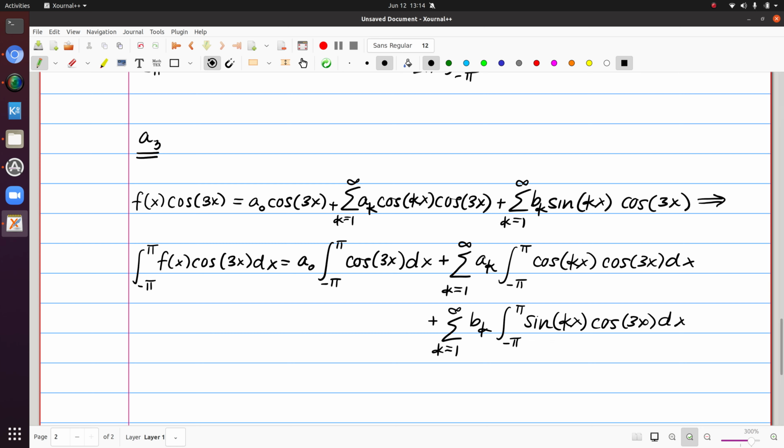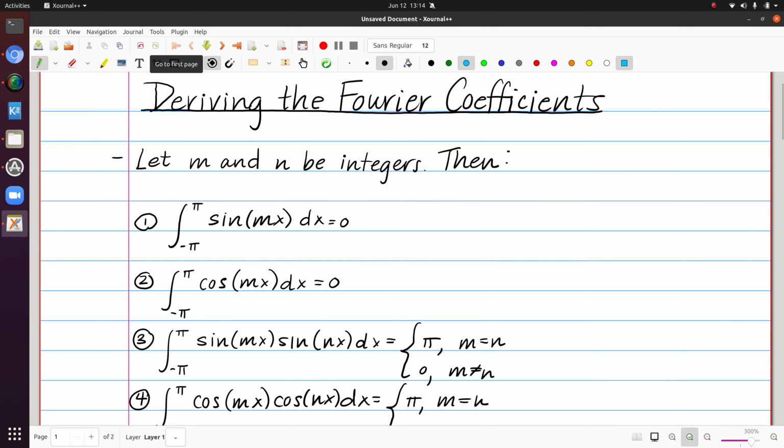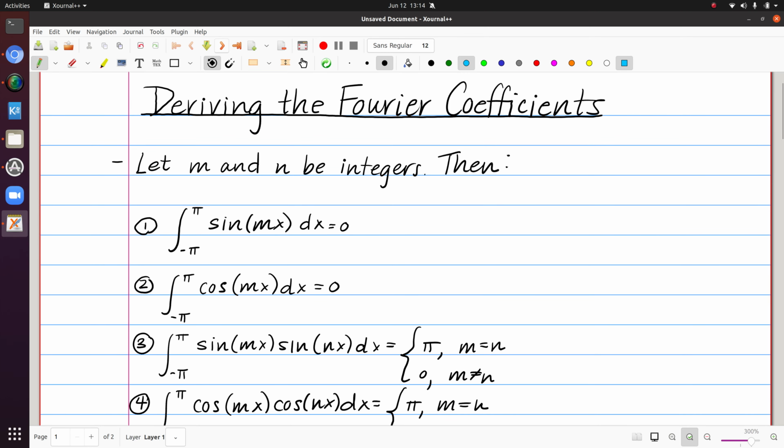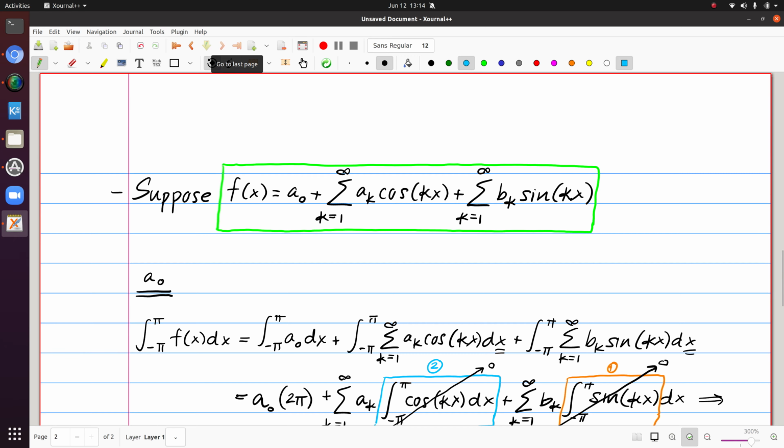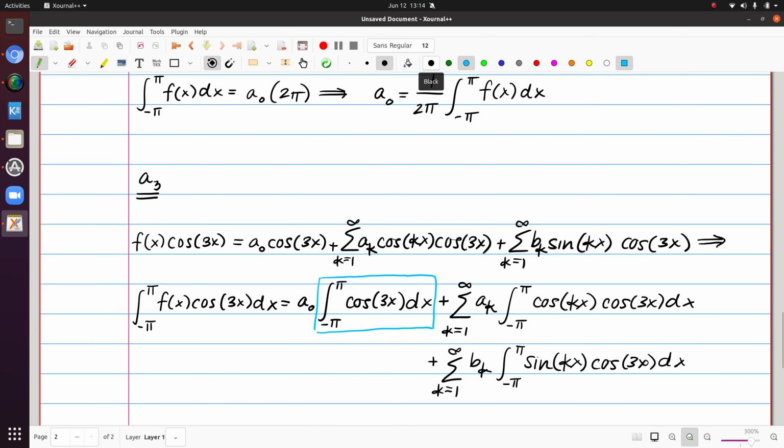Okay, so now let's think about what we can say here. Again, if I focus on these one at a time, I can see here I have the integral of cosine of 3x. That comes from our second formula, where m is 3. And I know that that's going to go to 0. And consequently, that's going to make a sub 0 vanish.